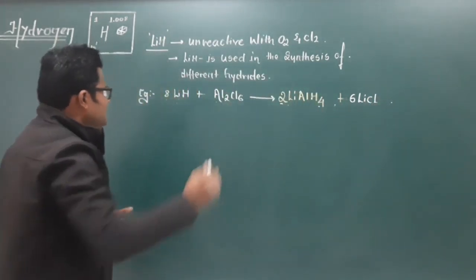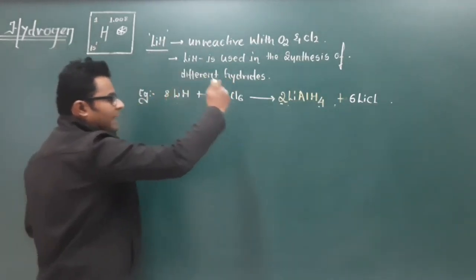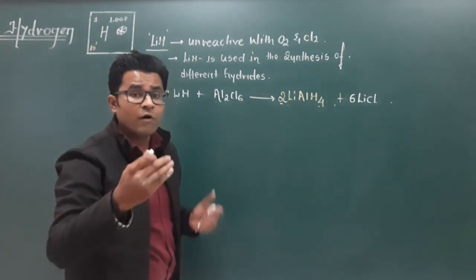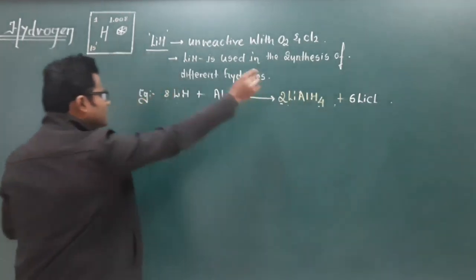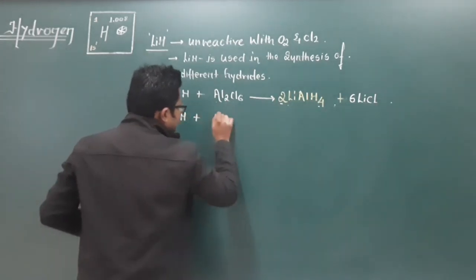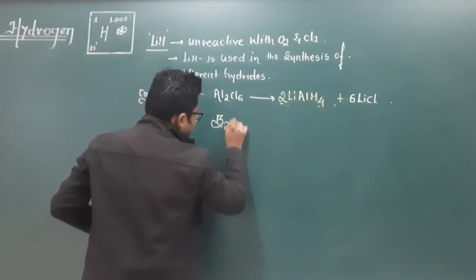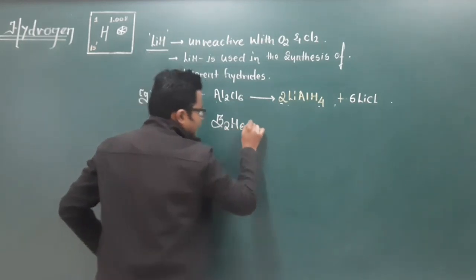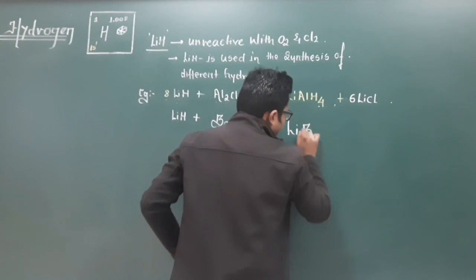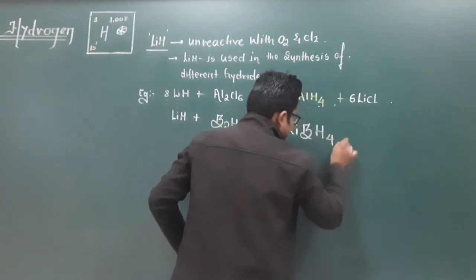Okay, so this is how lithium hydride has been used in order to synthesize different types of hydrides. Another example: lithium hydride reacts with B2H6, that is diborane, in order to get lithium borohydride.